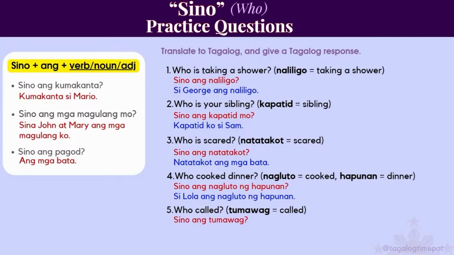Sino ang tumawag? So it's just the verb. Tumawag ang nanay mo. Your mother called. Tumawag ang nanay mo. Or the simplest response, ang nanay mo. Okay, so try to keep it simple when you can, but hopefully you can see the patterns that you can use when you're making a question and then answering a question.